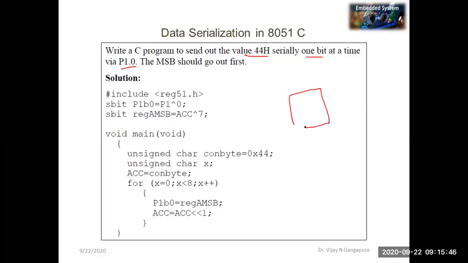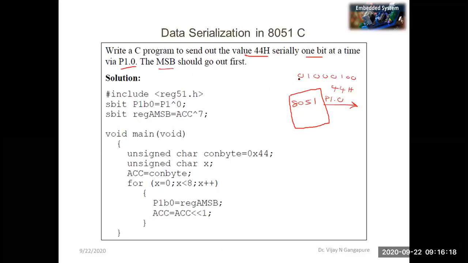Suppose this is the 8051, and this is pin number P1.0. On this pin we are going to output data 44H serially. 44 means 01000100, and the MSB should go out first.